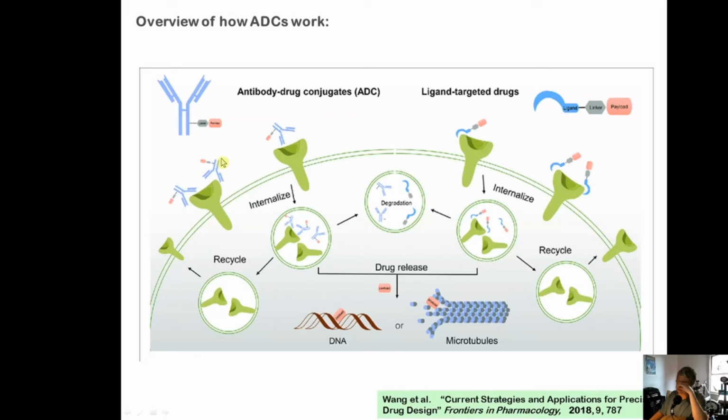I think one of them is CD22, a protein on the surface of the cell, and then the antibody-drug conjugate gets internalized. Along with the cell surface protein, it gets internalized into the cell.